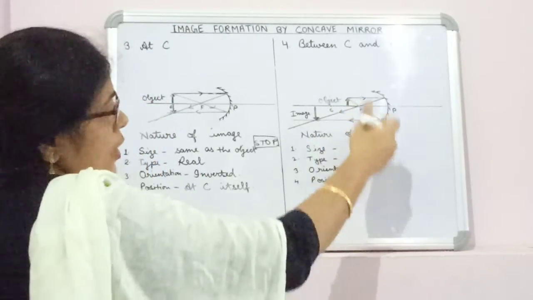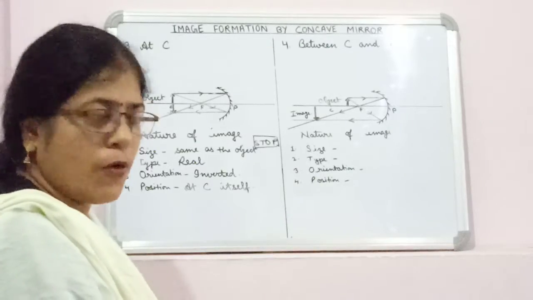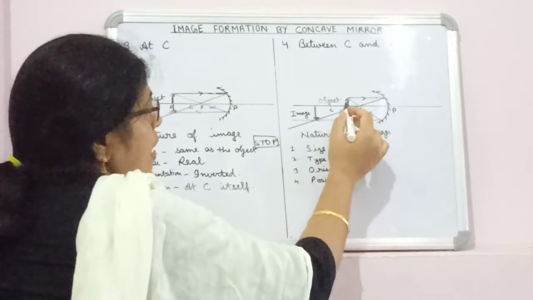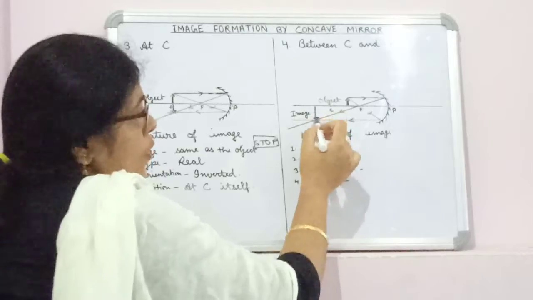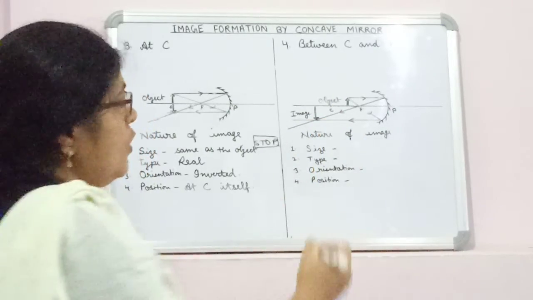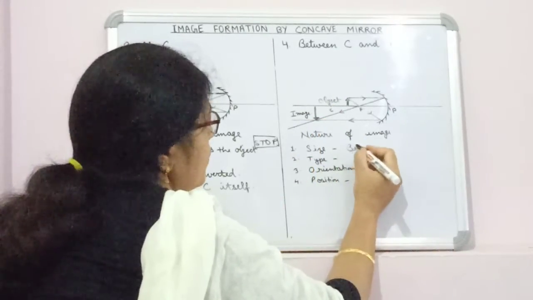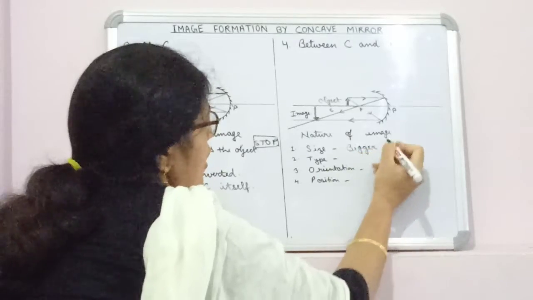Just observe it and you will be able to write all these 4 points. Size: you can compare, the image is looking bigger than the object.